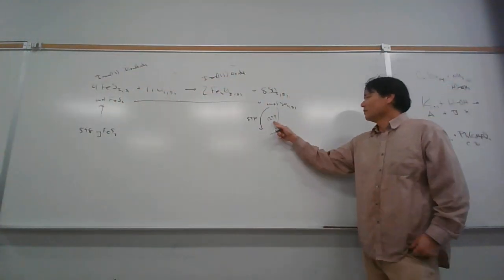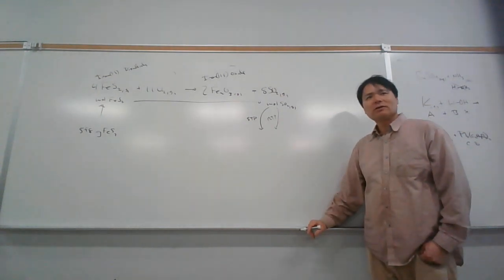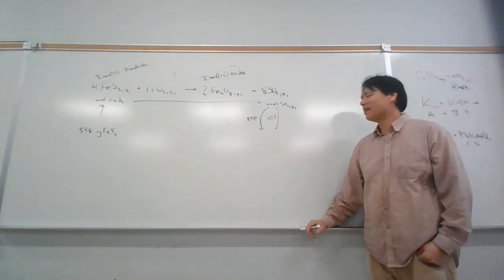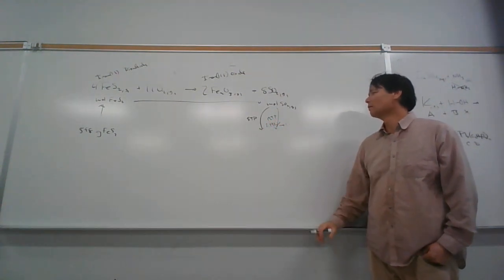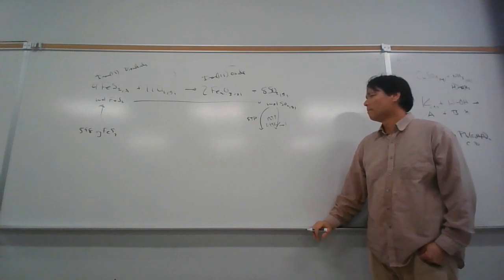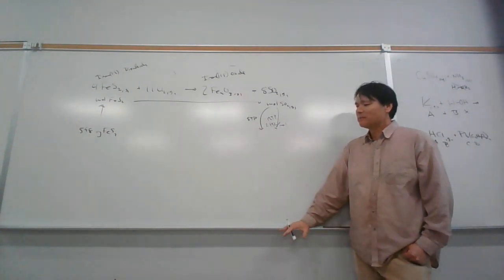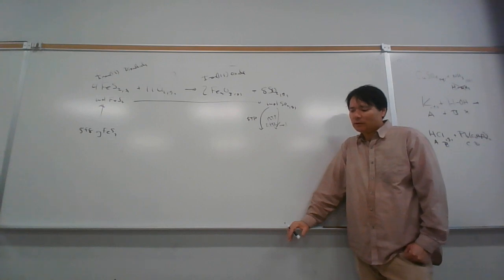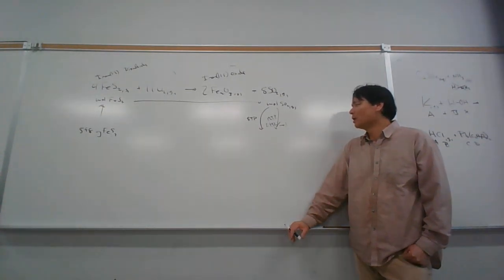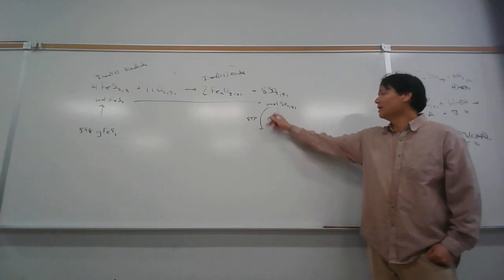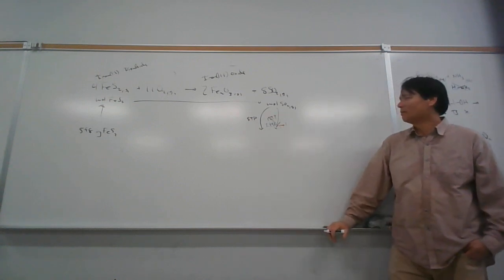You don't really have to memorize it, but it's 24.5 liters per mole. It's useful because it's about 25 liters per mole, and we do a lot of reactions at room temperature and 1 atmosphere pressure. But we're not at RTP, so we're not going to do that.